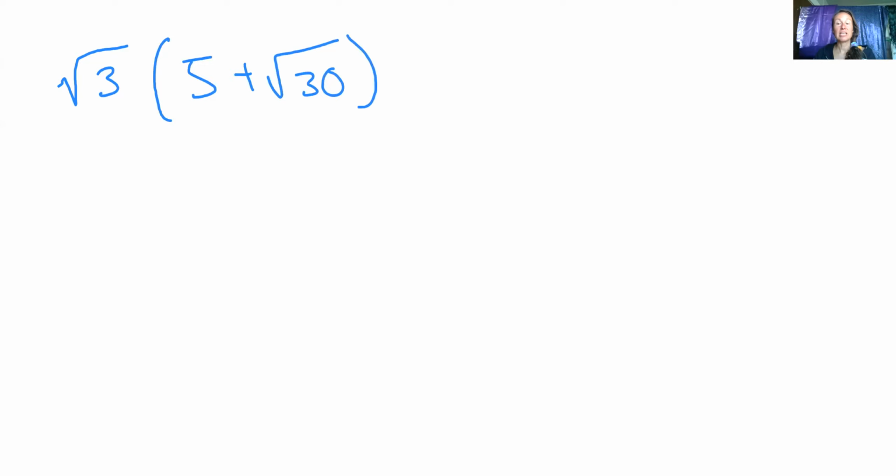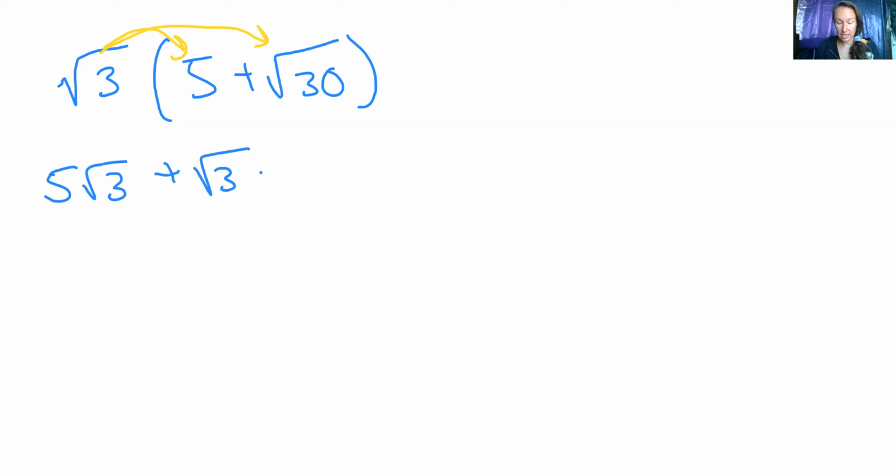Because we have parentheses here, we need to distribute that square root of 3 to each of the two terms inside parentheses. So that's going to be square root of 3 times 5 and the square root of 3 times the square root of 30. So that's going to give us 5 root 3 plus square root of 3 times square root of 30.